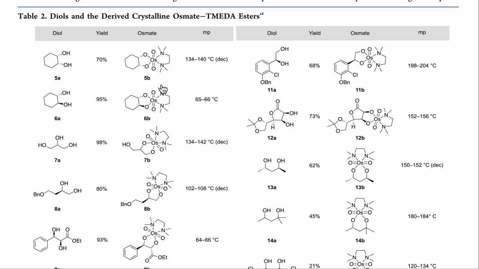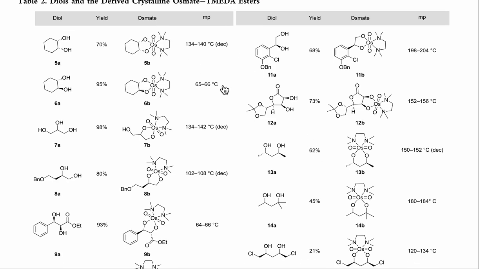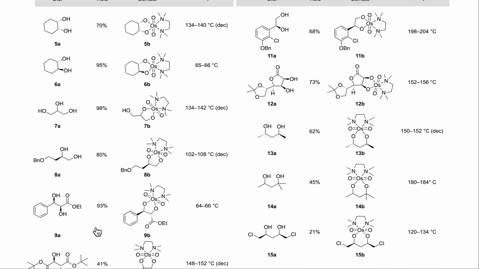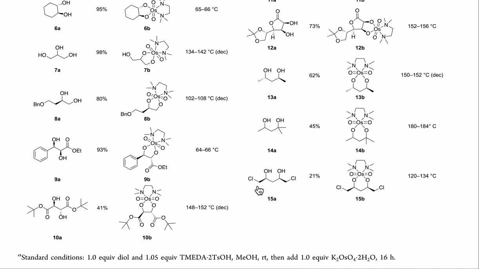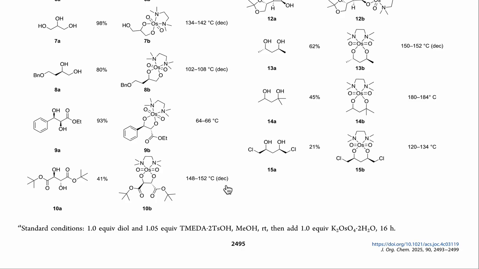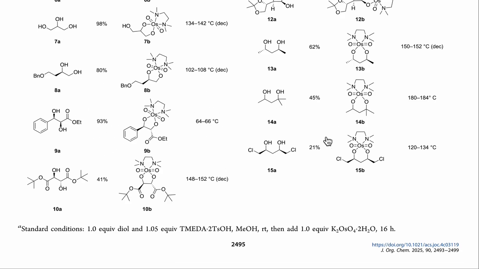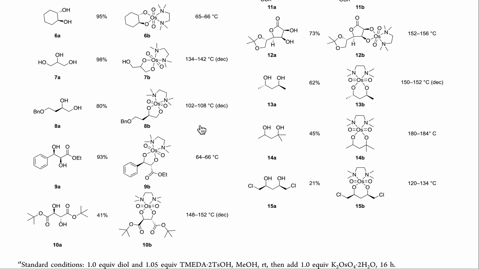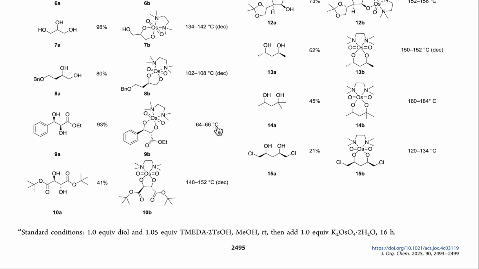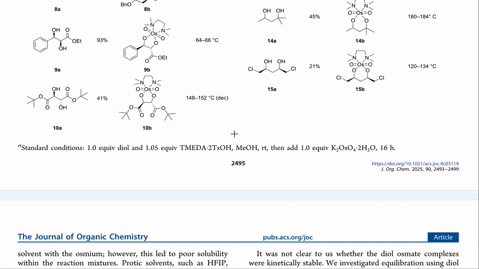It's always nice to have a chart, so here's a little list of the different reagents that they tried, the different osmate esters that they were able to make from these compounds, the melting points, the yields. So this article has a significant amount of work in it. That's why it's a lot longer than your lab report would be. You didn't do dozens of reactions and make lots of different compounds and compare them. You did just one reaction in your lab.